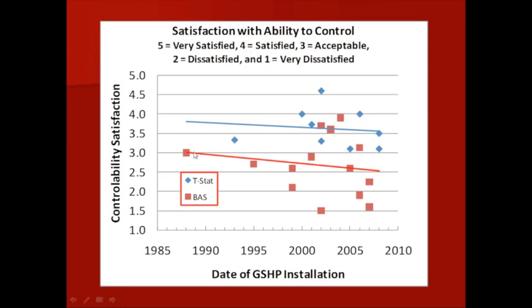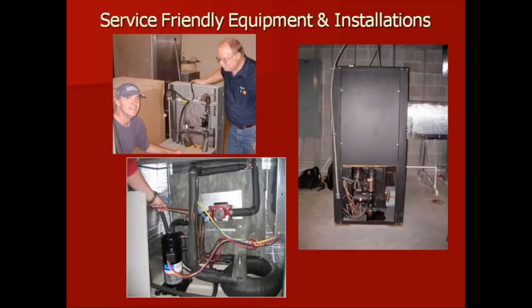You can see this is actually a decline with date in the two items of satisfaction with the ability to control. And of course the building automation system scored below a 3, and the newer they are, the more unhappy people tended to be. Whereas with thermostats, they had the same trend, but not as low a number.